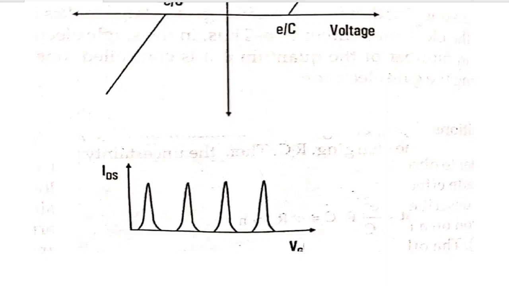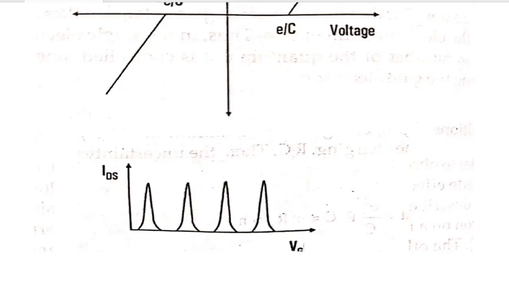Anyway, at a time one electron will move from source to drain through the quantum dot. So the current is the movement of charge, the movement of electrons. When one electron is entering into the quantum dot, then the current is increasing. That means there is movement of electron. Then the electron will move towards the drain from the quantum dot.